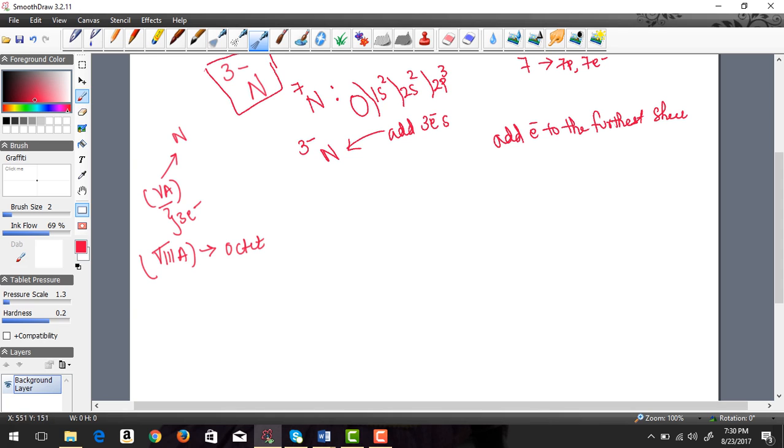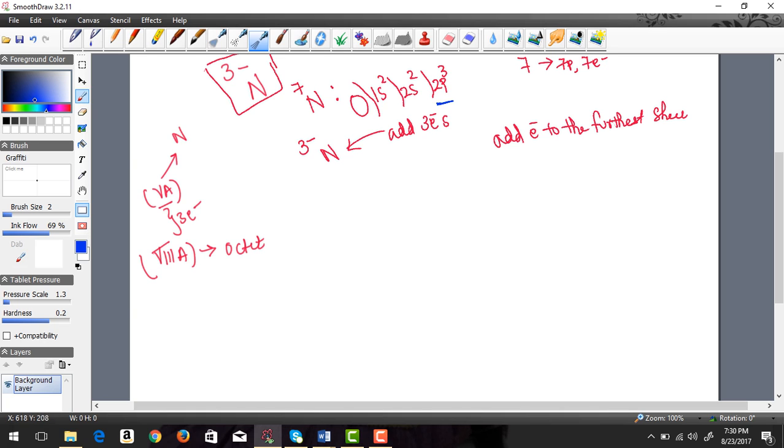What does that mean? Well, I'm going to get my blue color and mark where that furthest shell is. It's right here. You cannot just go and add 3 electrons by saying I'm going to evenly spread them out, or I'm going to pick 1s2, or 2s2, or 2p3. There is no choice. There is only one default orbital to which those 3 electrons can go.